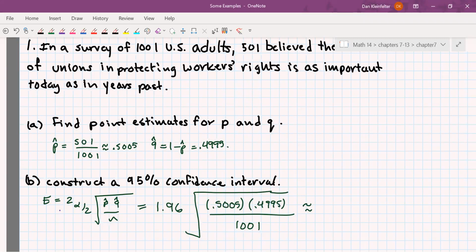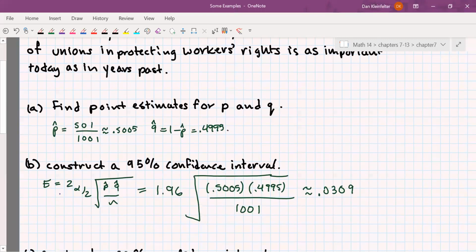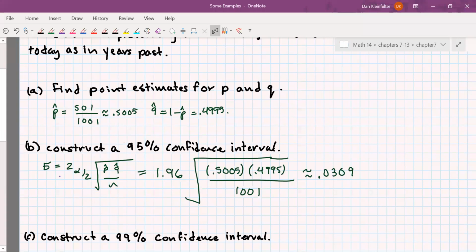Okay, so let's go ahead and calculate that. We get 0.0309. And then we'll add and subtract that to our point estimate, P hat of 0.5005.